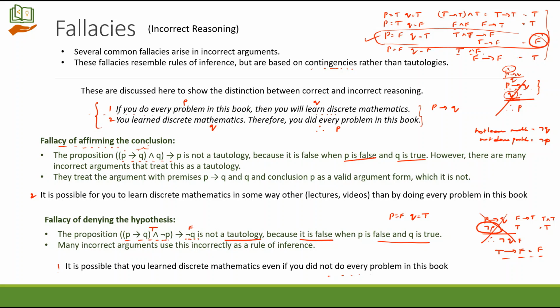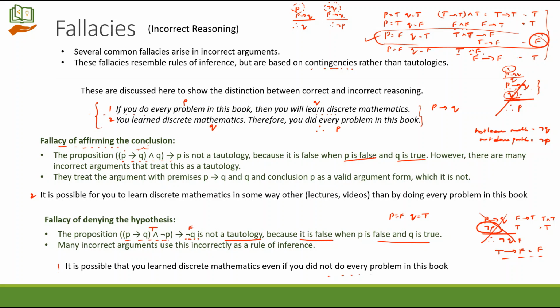In Modus Ponens, we had P implies Q, therefore the conclusion is Q. This way they are saying it is affirming the antecedent. In Modus Tollens, we had P implies Q, negation of Q, therefore negation of P. From this they say denying the consequent. Negation means it is denying.